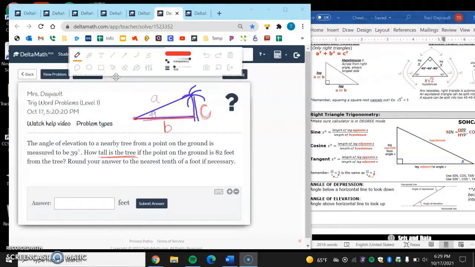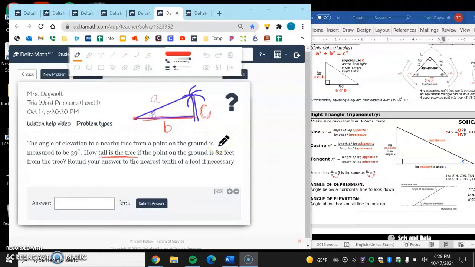It's pretty basic. The hardest thing about these, I think, is figuring out which side it's giving you and which side it's asking for. So it really helps to draw a picture and think about what line would be on a diagonal, what would be horizontal and vertical.